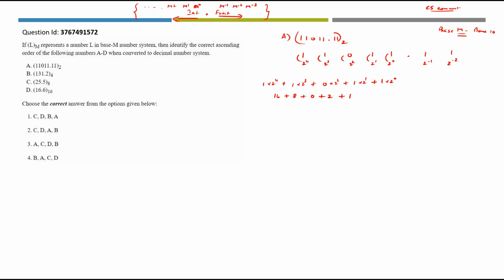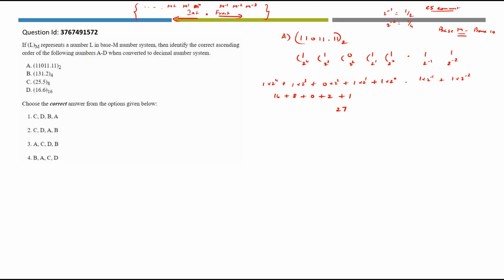16 plus 8 is 24. 24 plus 2 is 26. 26 plus 1 is 27 in the integer part. What about the decimal part? 1 into 2 power minus 1 plus 1 into 2 power minus 2. 2 power minus 1 can be expressed as 1 by 2. 2 power minus 2 can be expressed as 1 by 4.